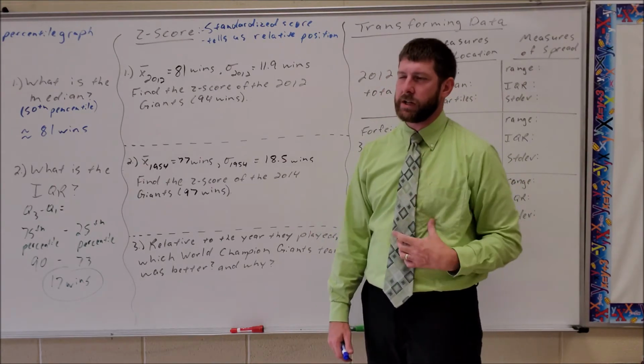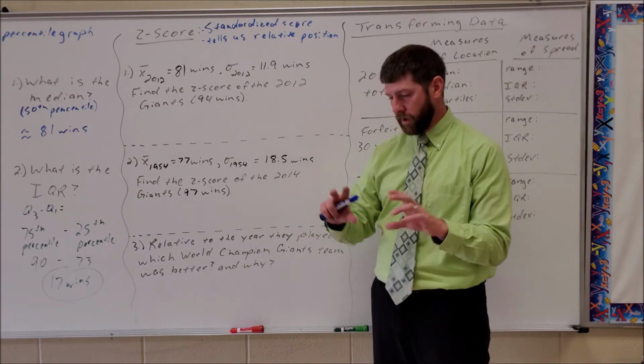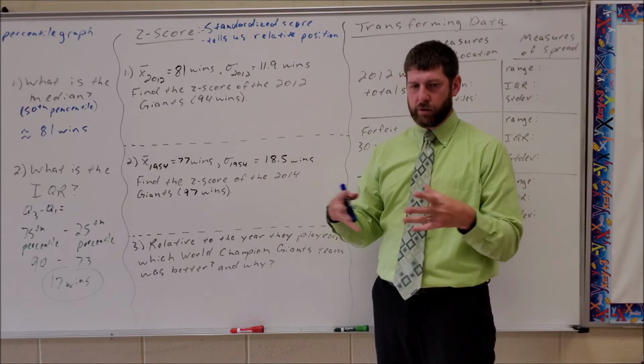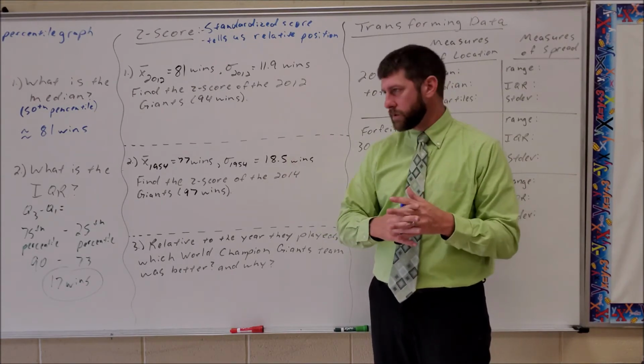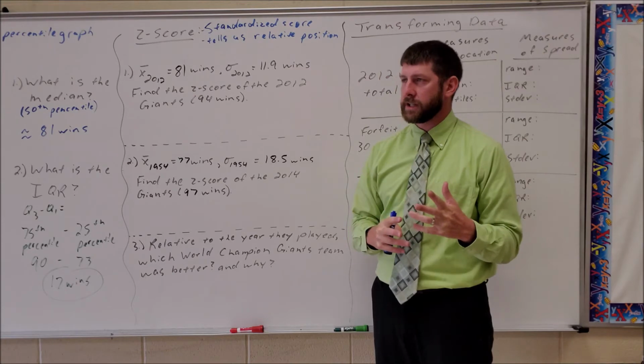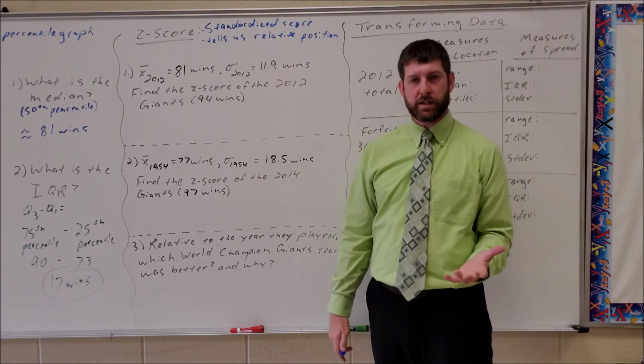Where this gets used a lot is if you're comparing two very different groups, but you still want to see how individuals rank within the groups. A common example we'll use is ACT score versus SAT score.